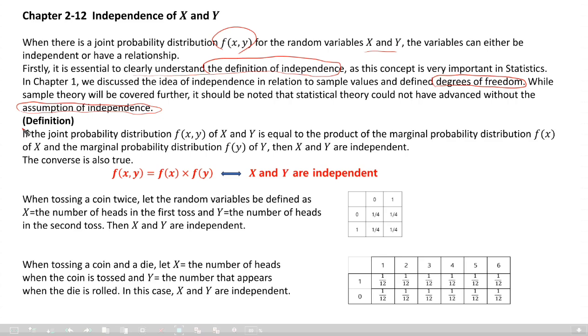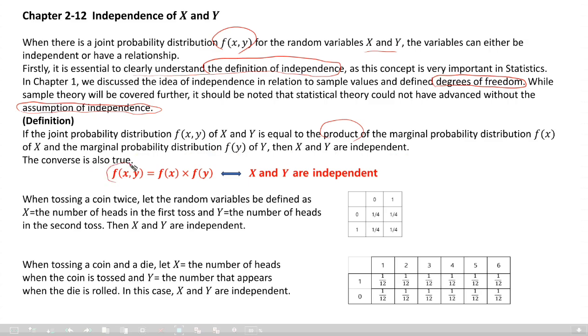The definition is a little conceptual, an abstract thing. If the joint probability f_XY of X and Y is equal to the product of the marginal probability distribution f(x) and the marginal probability distribution f(y), then X and Y are independent. The converse is also true.